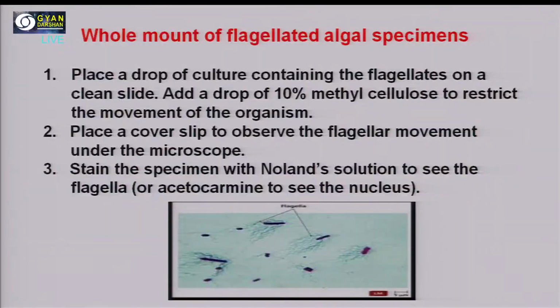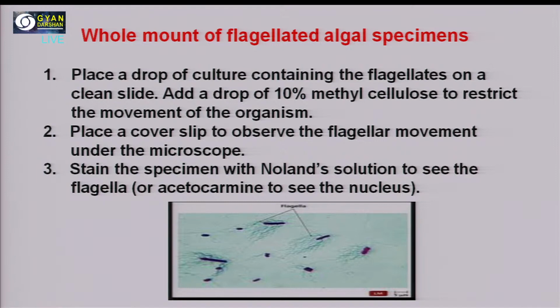Now where is it normally used? It is normally used for flagellated algal samples. Let's take the example of Chlamydomonas or Volvox. These are green algae which have flagella, and here the flagella can be visualized using this kind of stain.